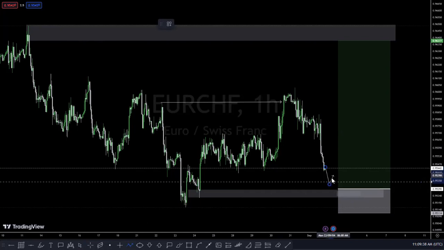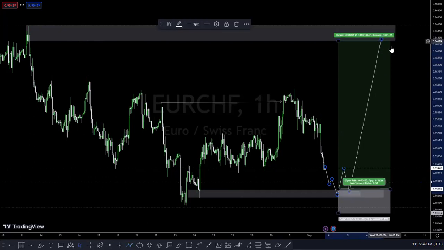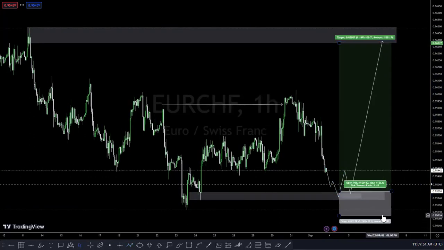So I'll just wait to spot something like this, a tap, a push that will take out the previous high, then I'll look for a buying opportunity from this level and place my buy, place my stop loss at a calculated risk, and continue my other activities.